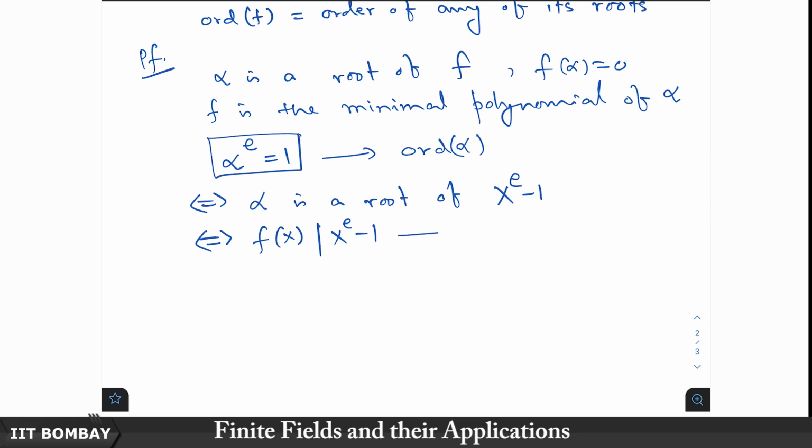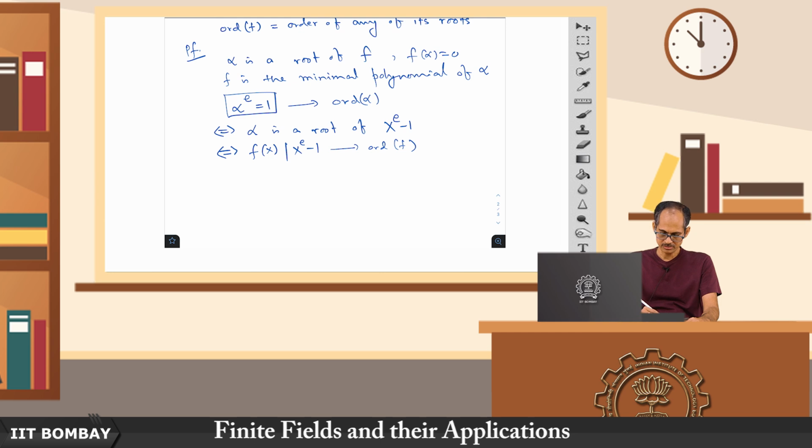Order of f(x) is the smallest E for which this statement holds, and these two statements are equivalent, which means the order of alpha is the same as the order of f. So, this proves the statement.